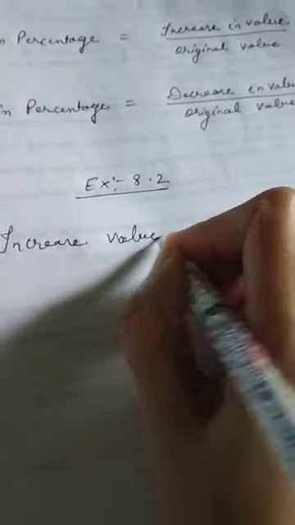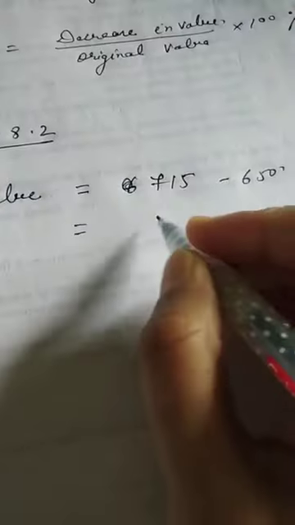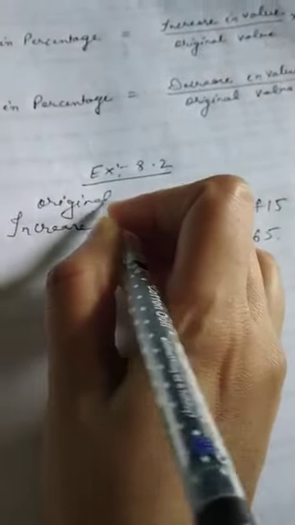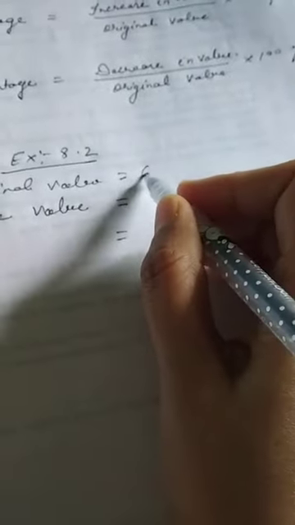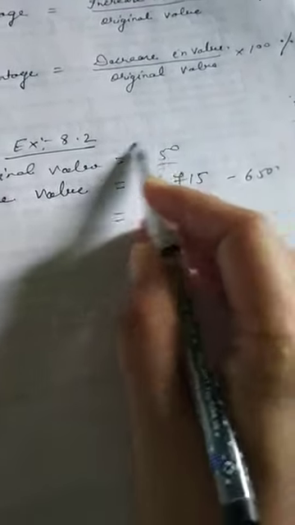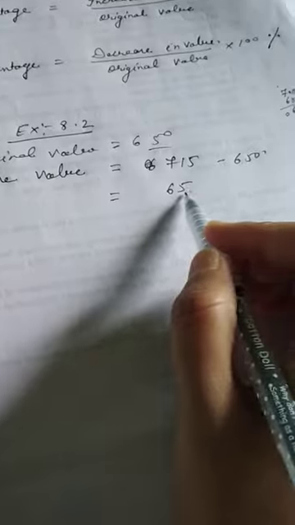So increase value is equal to 715 minus 650. Just subtract it. We will get here 65 is the increase value, and original value is 650 because after increasing it became 715.